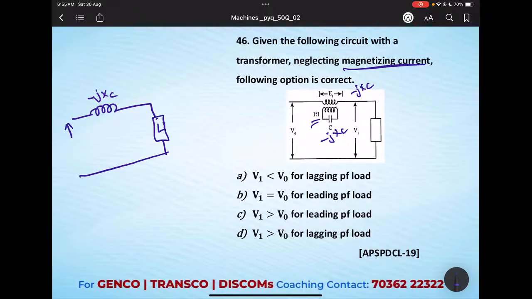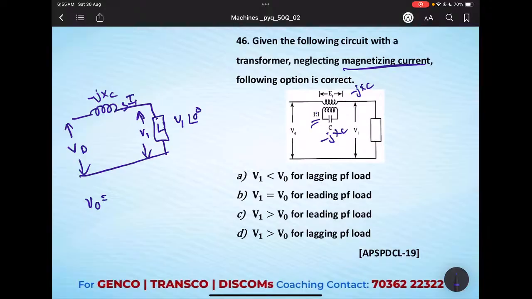This is the voltage phasor V0, and this is the voltage phasor V1. Let's take the current as I1, and take V1 as reference, at an angle 0.